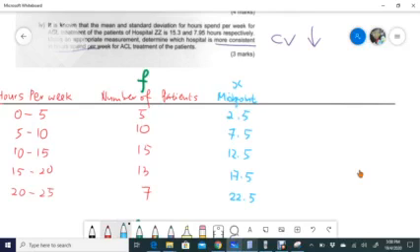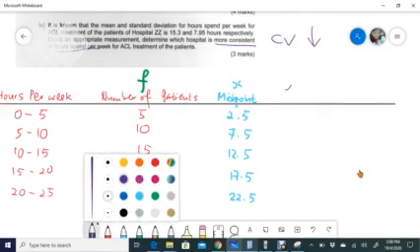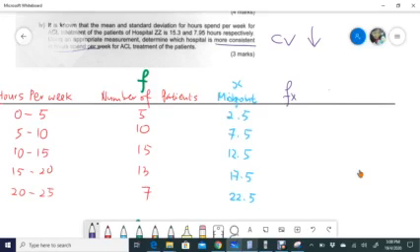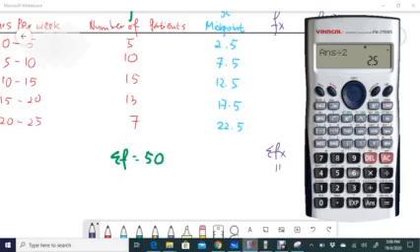Do remember what things you need to highlight? Yes, your fx and also your fx squared, with the total fx and the total fx squared. So how to key in?